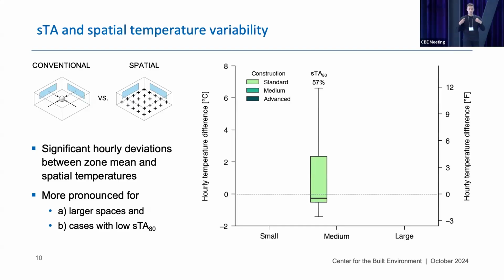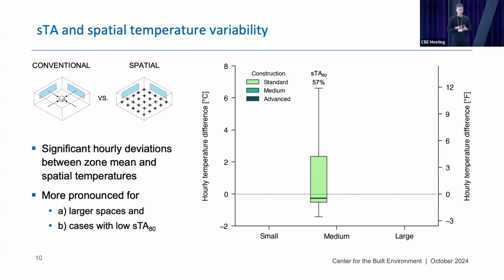And to highlight why this is important, I want to show a few box plots. So what you see here is a box plot for the medium zone size and a standard construction. So what you see here is a range of the hourly temperature differences across the whole year and a distribution of that.